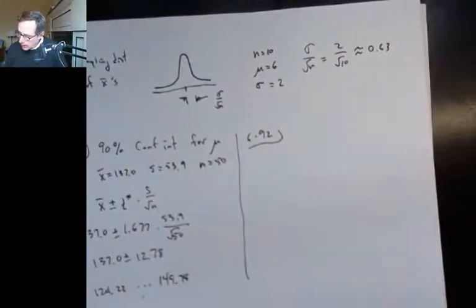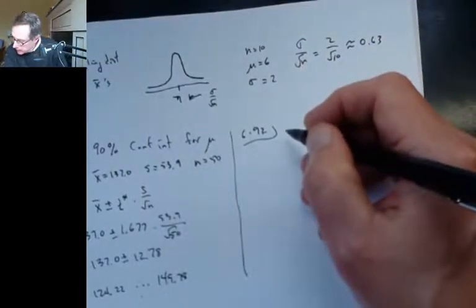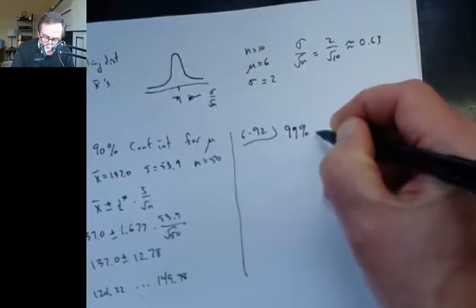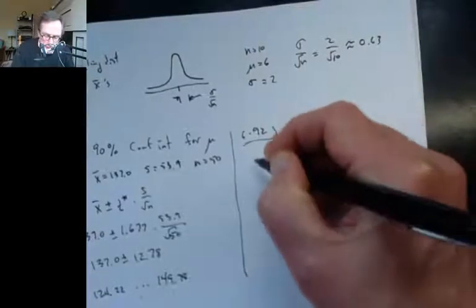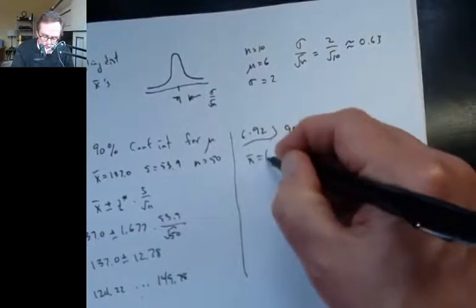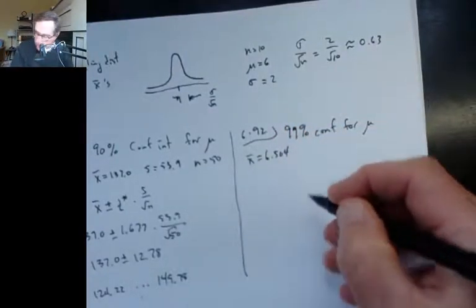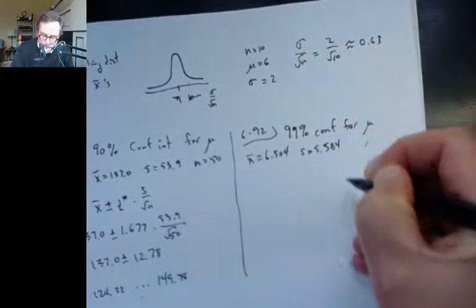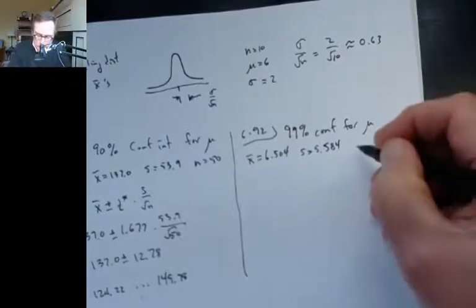So I'm looking here at a 99% confidence interval for mu, and I'm told that x bar is 6.504, that s is 5.584, and that n is 361.